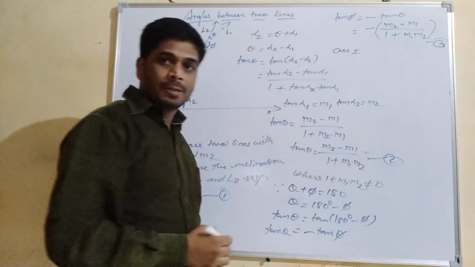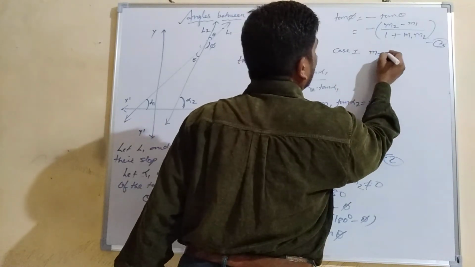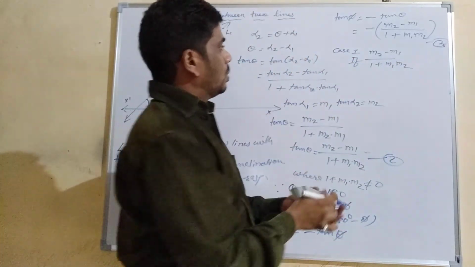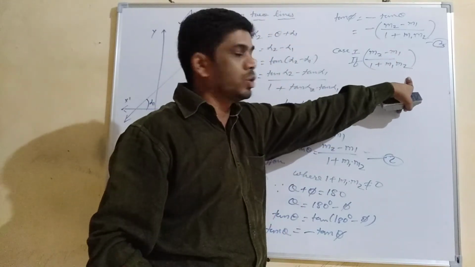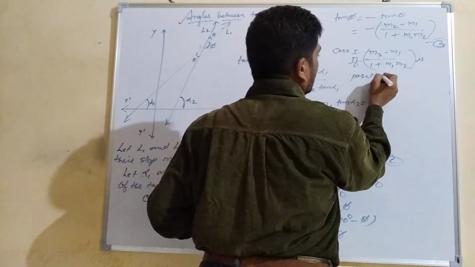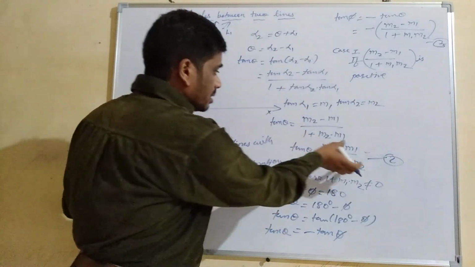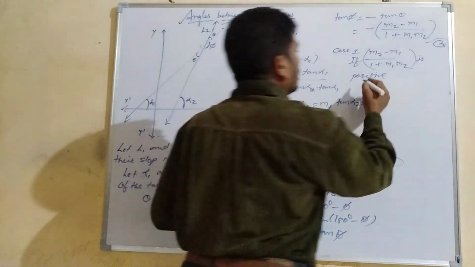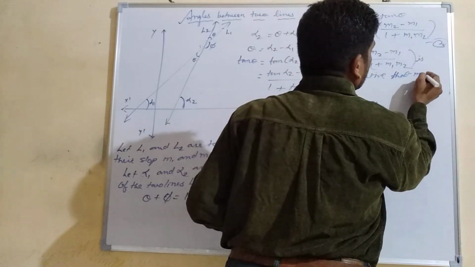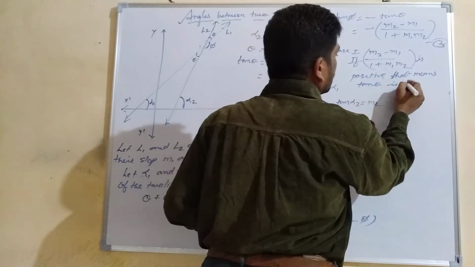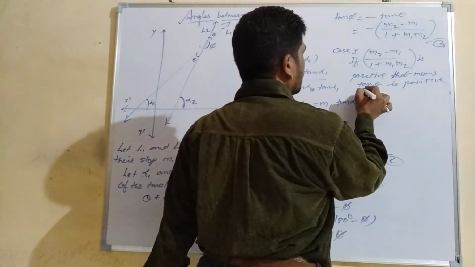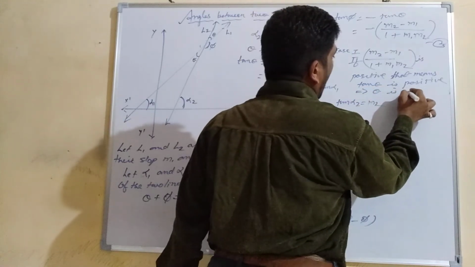Case 1: if the value M2 minus M1 upon 1 plus M1 into M2 is positive, then tan theta is positive, and if tan theta is positive, that implies theta is an acute angle.